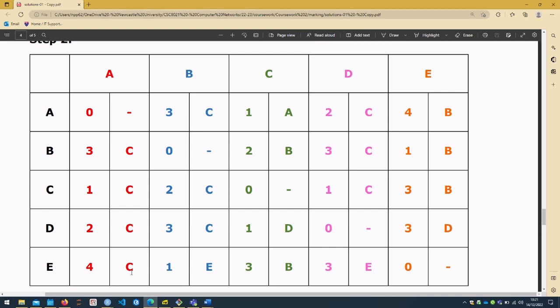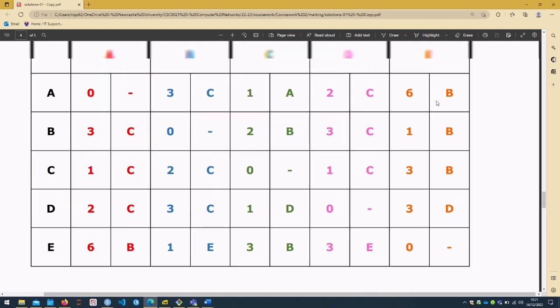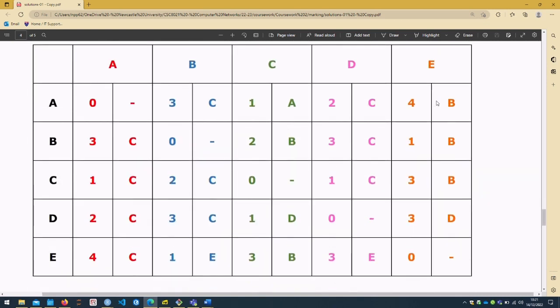A, C, B, E, and E can see A via B and C, so E, B, C, A. I think everything else stays the same, right? I think so. So yeah, the initial example was slightly more complicated, so this is a bit easier in comparison.